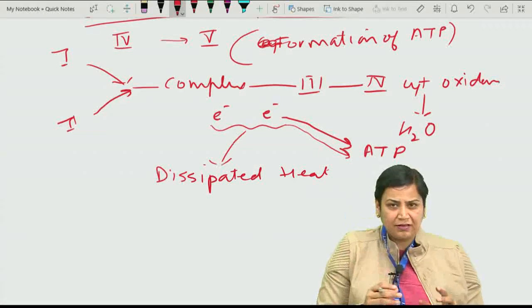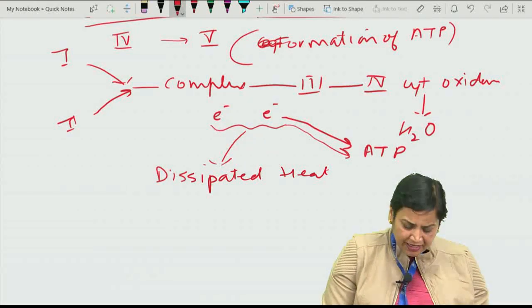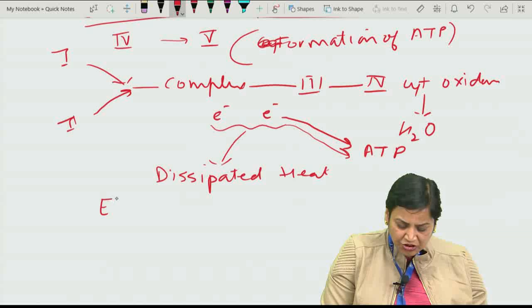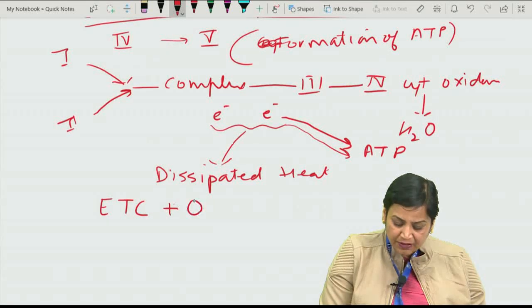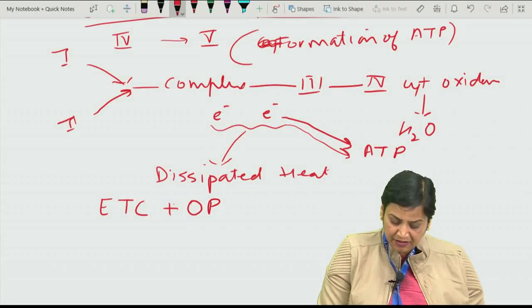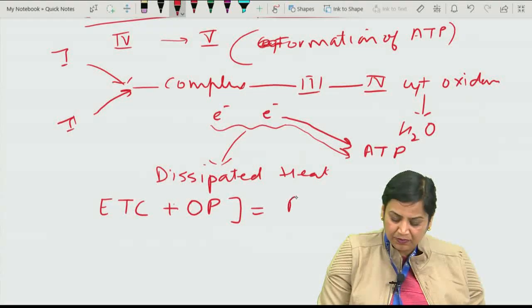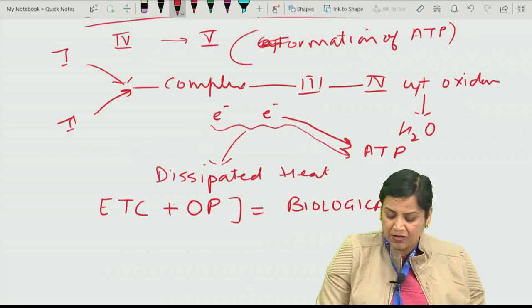Or if we put it in simple language, this electron transport chain helps in the synthesis of ATP to undergo biological oxidation.